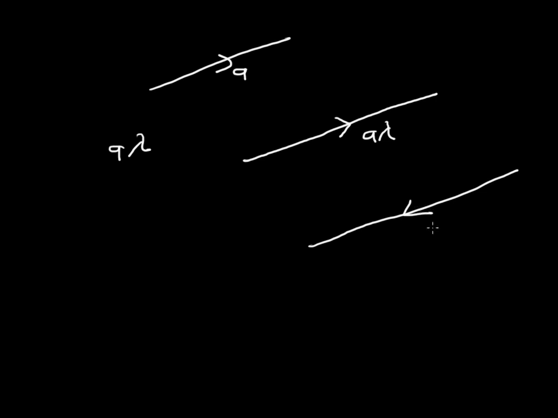The arrow goes in the opposite direction. So this is the representation of negative lambda. So the fact that we are multiplying by a scalar doesn't mean that it always has to go in the same direction as the vector. But as we've seen in these two instances, there can actually be a change in direction of the vector.